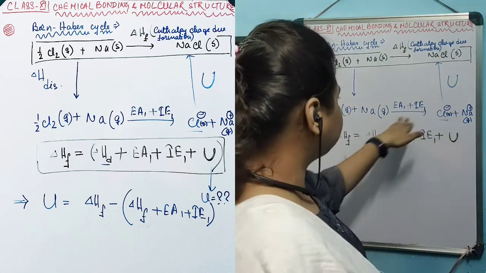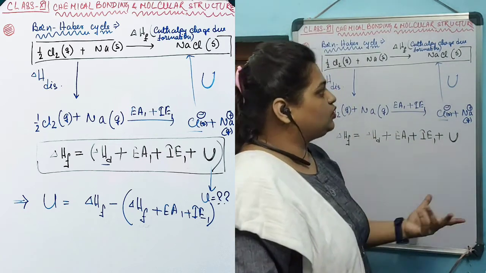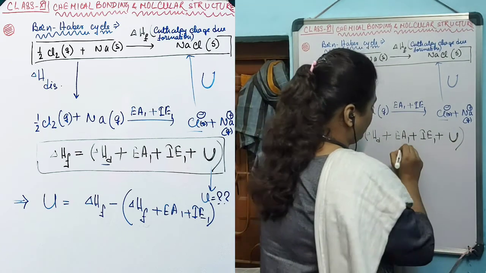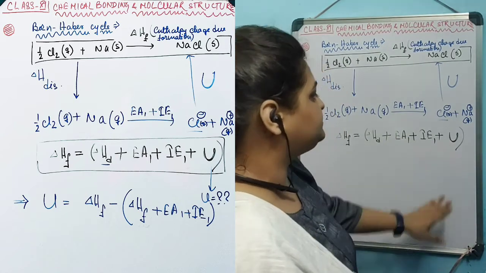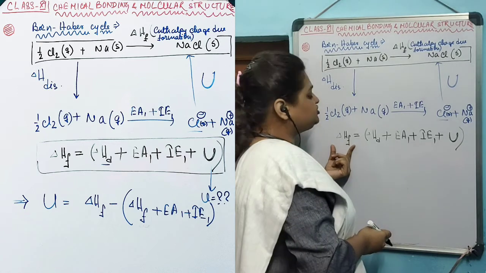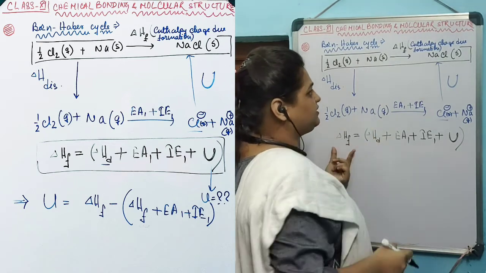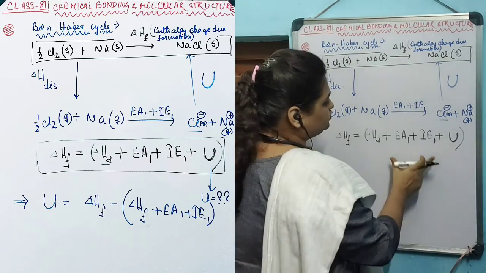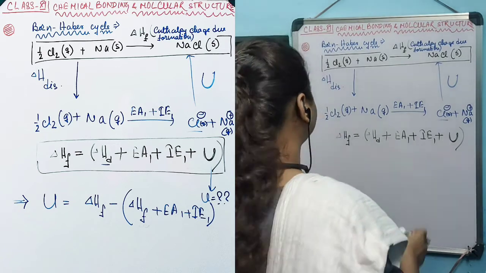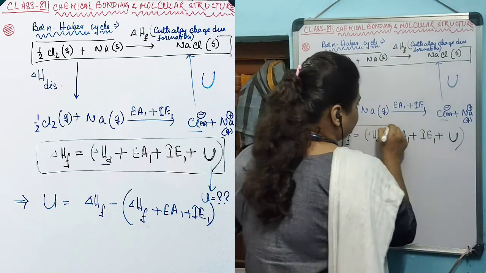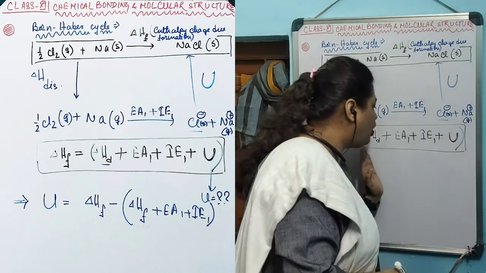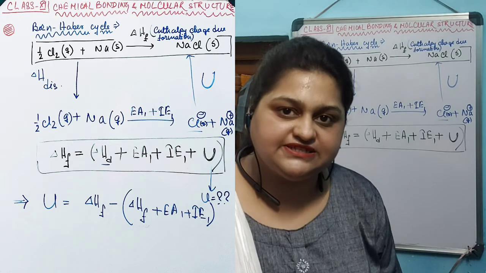So the total energy associated is delta Hd plus delta EA1 plus IE1 plus U. The Born-Haber cycle says that the energy associated with the single-step formation is equal to the total energy transformation during the multi-step transformation. This is the logic behind the Born-Haber cycle: delta H formation equals all the energy associated in the multiple steps.